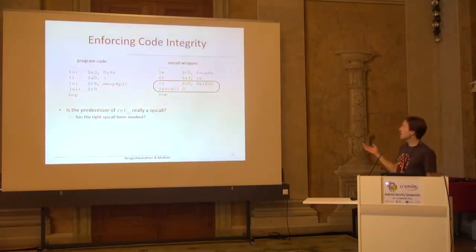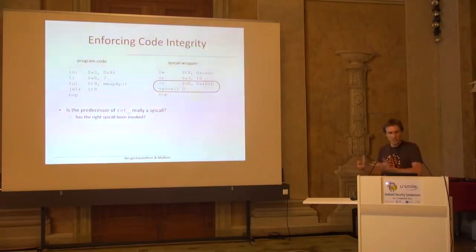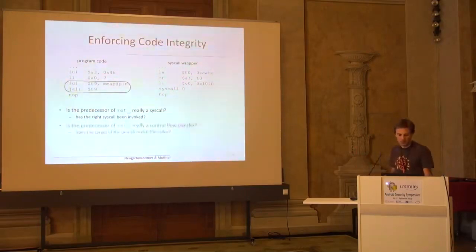And then the next thing that we can check is whether the right system call has been invoked, because the system call number, of course, is usually assigned right above the system call invocation.